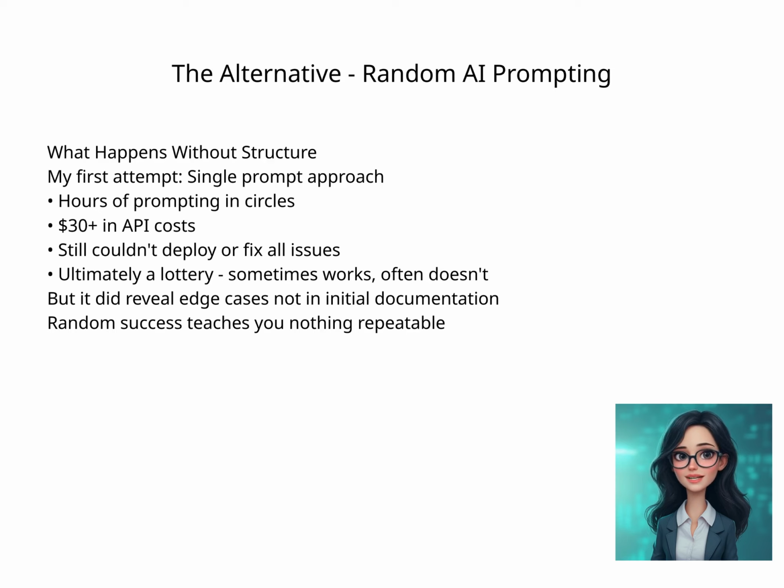It's ultimately a lottery. Sometimes single prompt approaches work, often they don't. The frustrating part is that when they fail, you learn nothing repeatable about why they failed or how to make them work consistently. But the random approach did reveal several edge cases that weren't covered in my initial documentation, which ironically proved why comprehensive documentation matters.